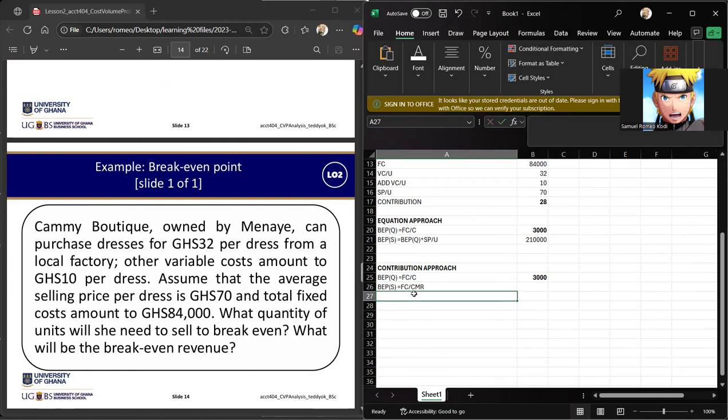So first we need to find our contribution margin ratio, which is our contribution divided by our sales. So what's our contribution? 28, divided by our sales figure of 70, giving us 0.4.